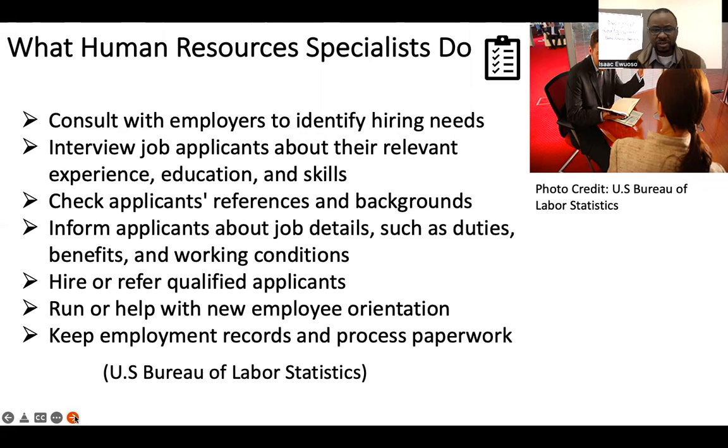They check applicants' references and backgrounds. They inform applicants about job details such as duties, benefits, and working conditions. They hire and refer qualified applicants. They run and help with employee orientations. They keep employment records and process paperwork.